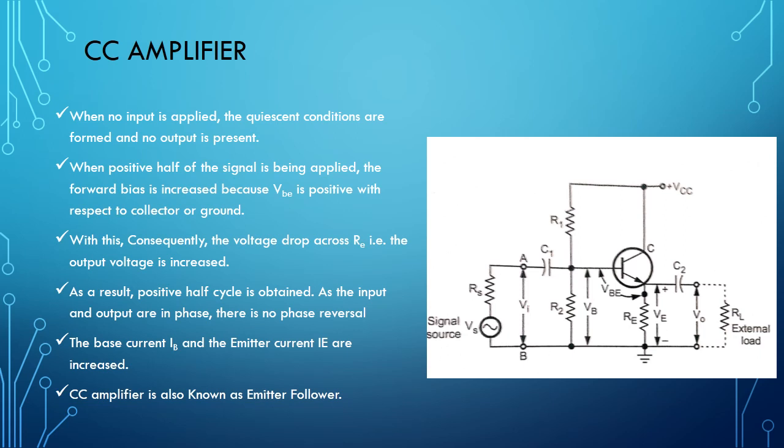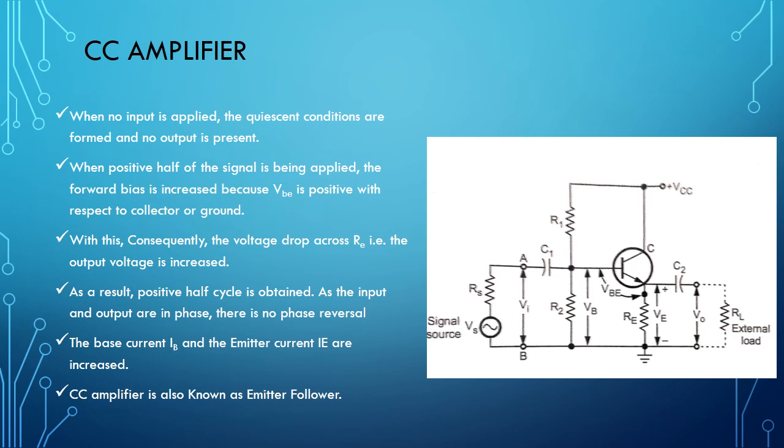Since the emitter is the output terminal, it can be noted that the output voltage of this circuit is the same as its input voltage. Simply we can say that in the common collector circuit, the emitter terminal follows the signal voltage applied to the base. Because of this reason, the common collector circuit is also known as the emitter follower.